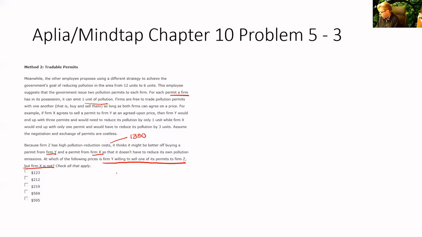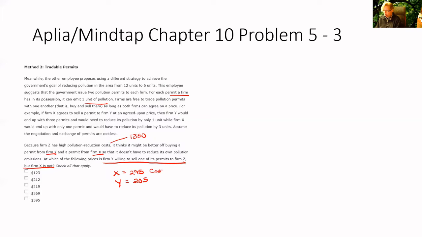So what we need here is the information from the previous screen. X is equal to 295. Y is equal to 205. So we're looking for numbers in this span. This is going to be our benefit. These are our costs.